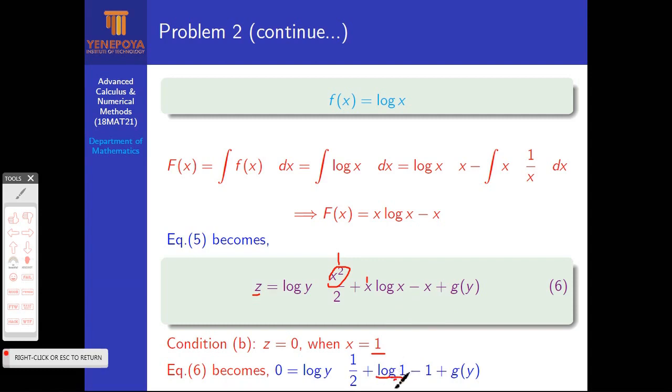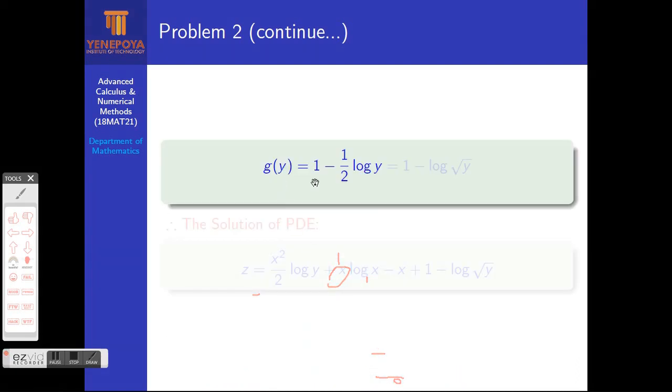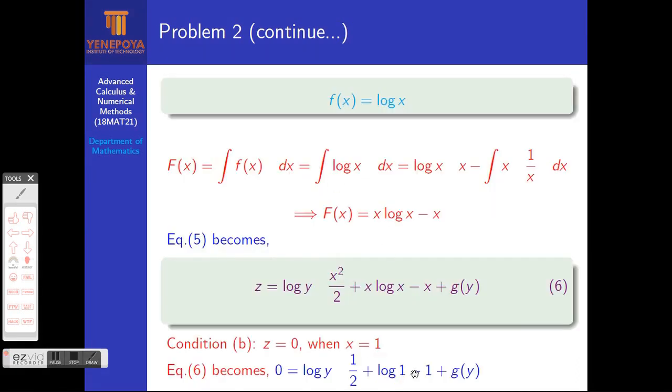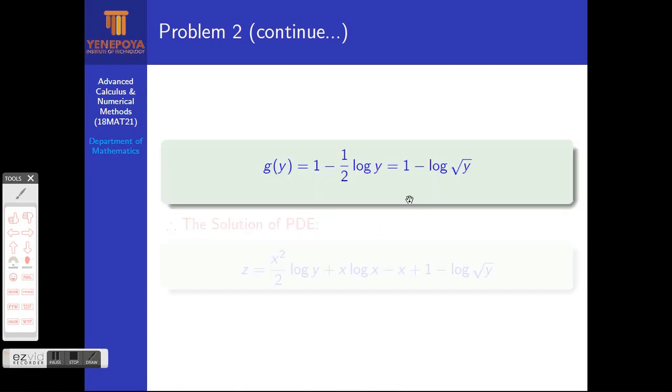So log 1 value is equal to 0. So g of y is equal to minus 1 becomes plus 1 on the other side, minus 1 by 2 log y. So g of y value is 1 minus half times log y, or that's equal to 1 minus log of root y.